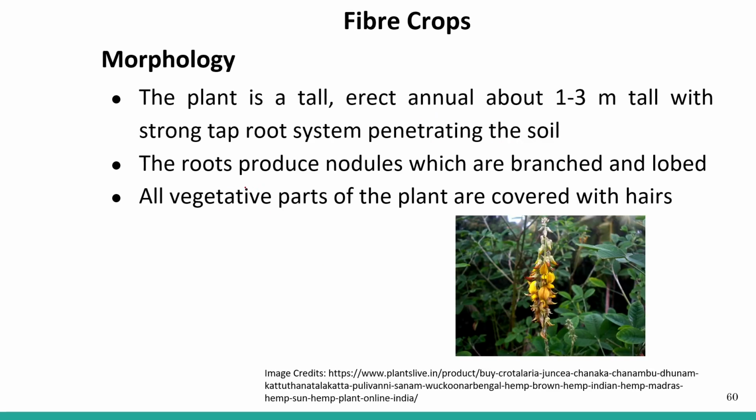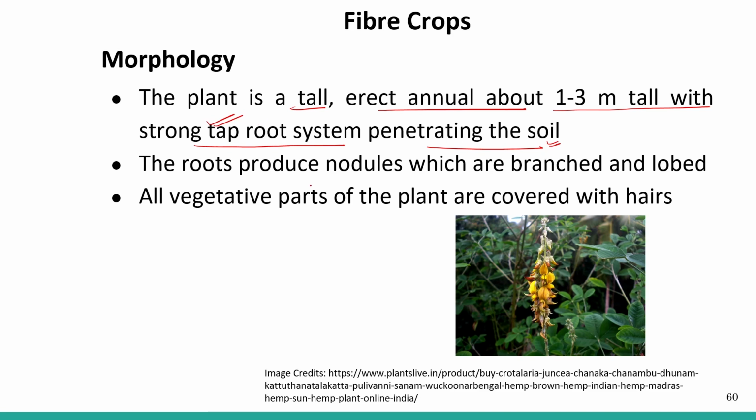Now the morphology of the plant, meaning how the plant looks. The plant is a tall, erect annual about 1 to 3 meters tall with a strong tap root system penetrating the soil. So this plant has a strong tap root system that goes deep into the soil.